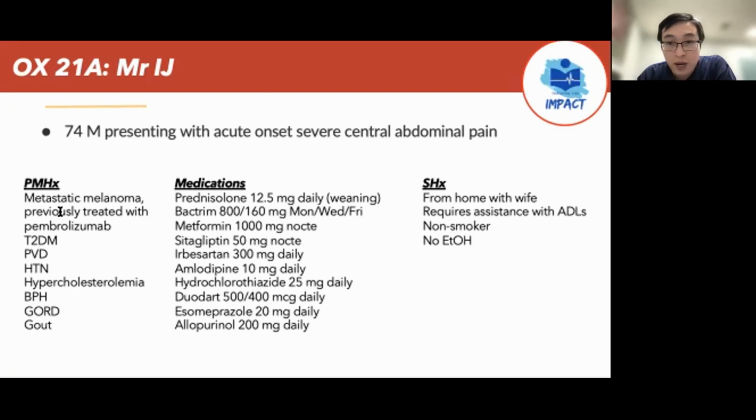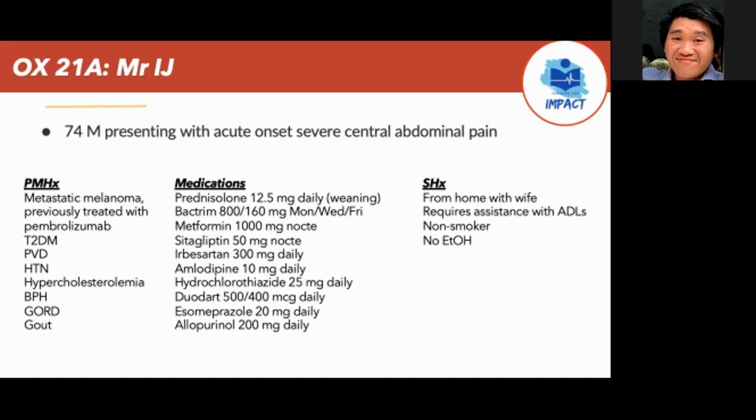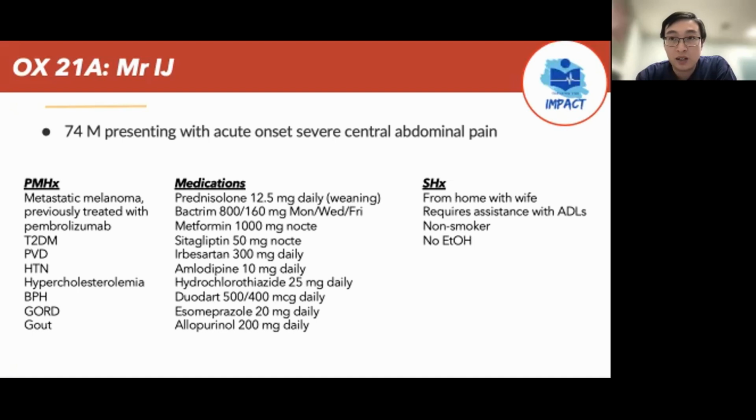Now, does anyone know for brownie points what pembrolizumab is? What class of drug it is? Monoclonal antibody? Yeah. So Alex, do you know to what? Yeah, PD-1 receptor. So variously called an immune checkpoint inhibitor, but it's a monoclonal antibody against PD-1.